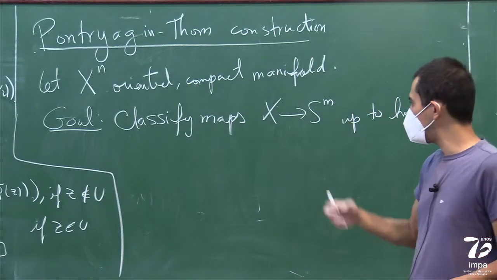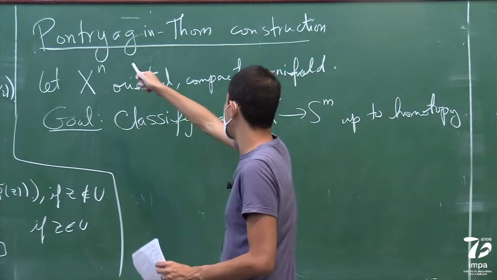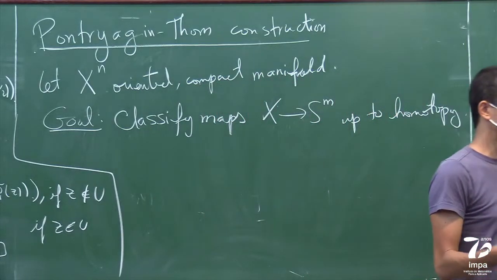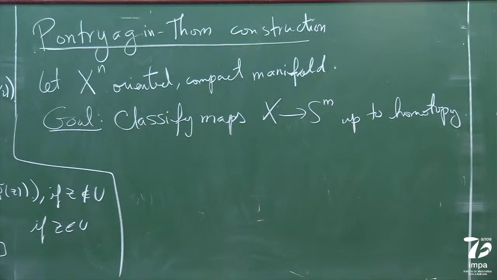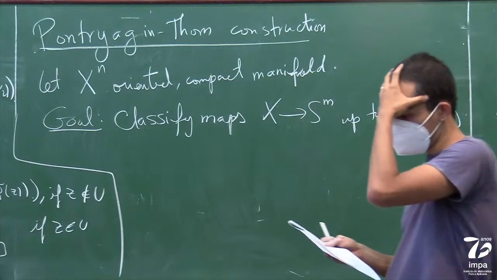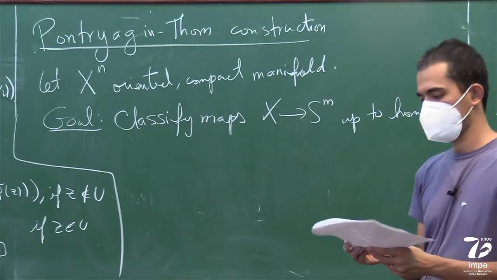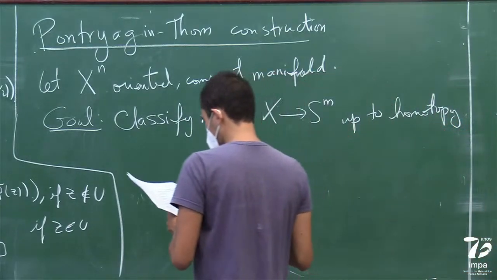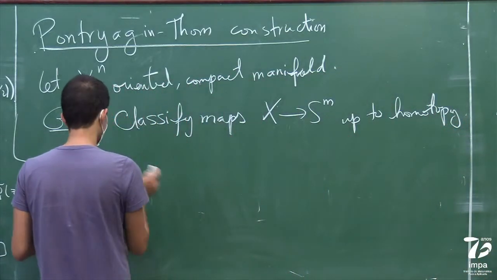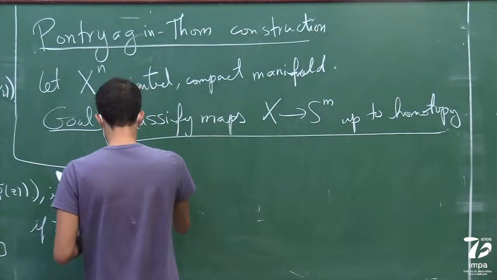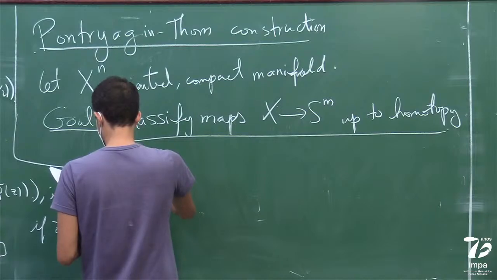Okay, so I know that if n is equal to m and X is connected, then the degree will do it. But I want something that generalizes the degree. Okay, and that thing is going to be what's called framed cobordisms. Okay, so first of all, let me tell you what a framing is. So definition.